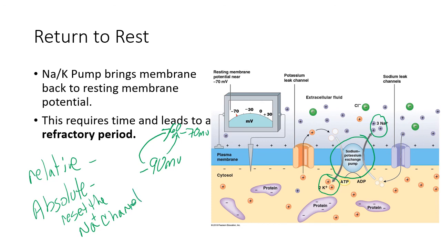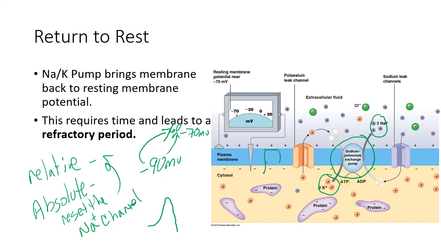So that sodium channel, not our leak channels, but the gated channel that we had that looks something like this, has to reset in order for us to once again get into this relative refractory period. So the absolute refractory period is the period of time from when we started our action potential all the way up until we have resetting of the sodium channels. So the activation gates need to be reset, and then the relative refractory period can occur.